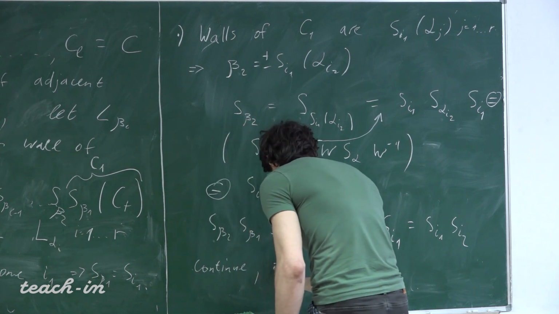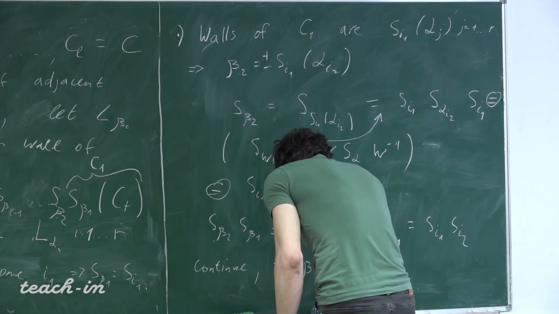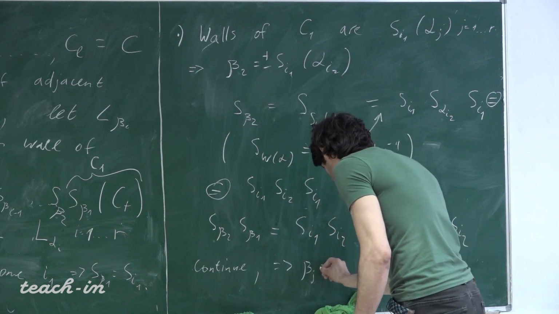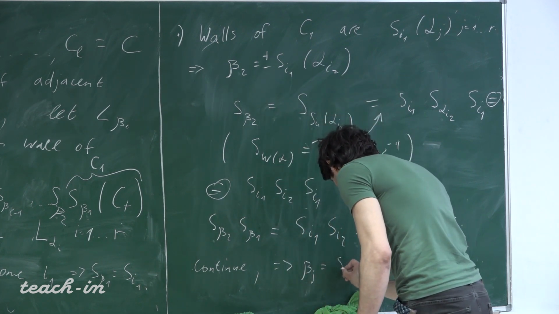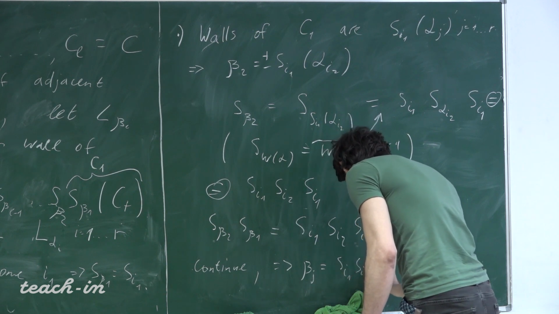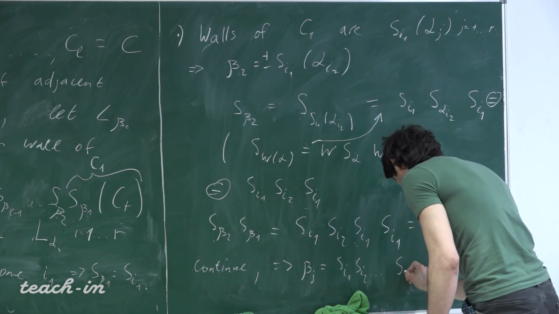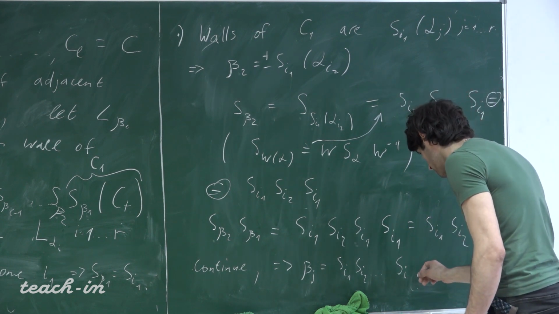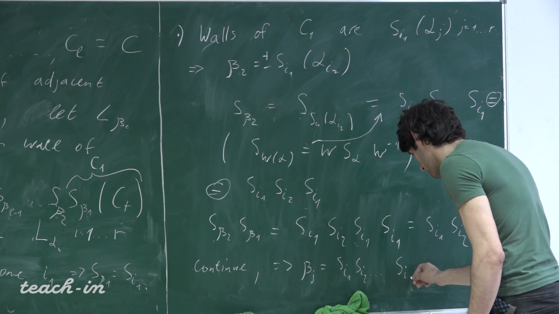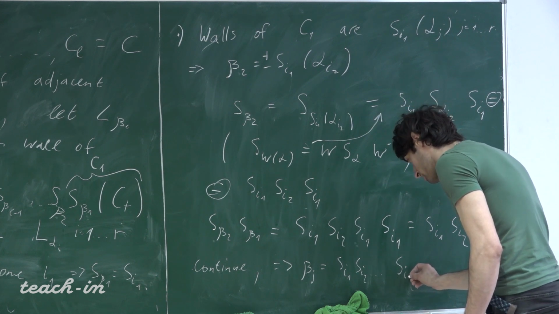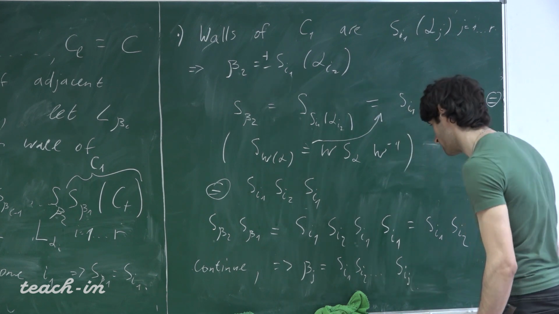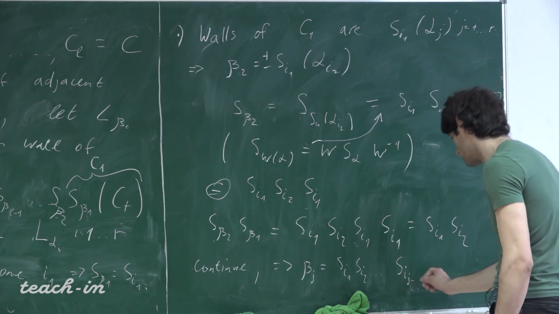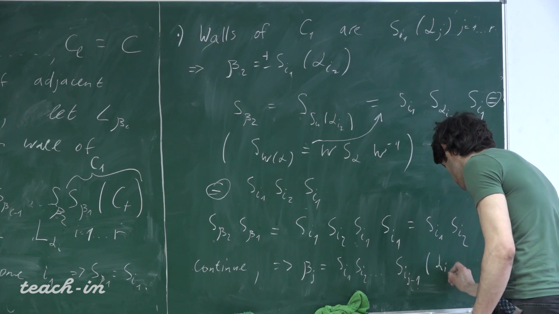And therefore you get that beta j is Si1, Si2, and so on, some j, right? Maybe minus 1. And then alpha ij.